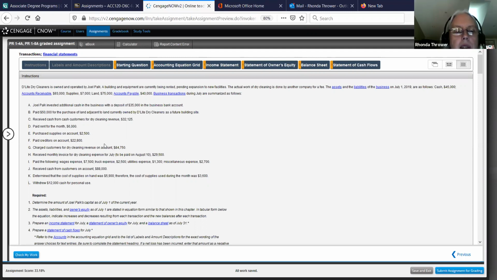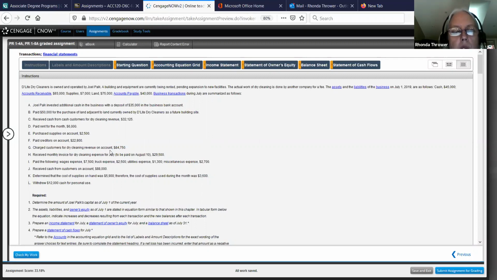The reason it's accounts receivable is that's the only thing that would fit here. Anytime you charge a customer for a service, or in this case, dry cleaning revenue, a work that you've performed, you will either receive cash right then, or you can expect to collect from that customer in the future. We can expect that we're going to be receiving cash in the future.